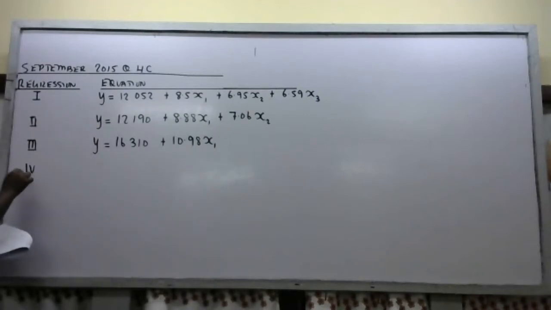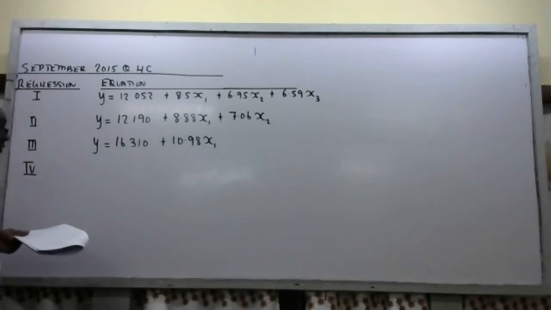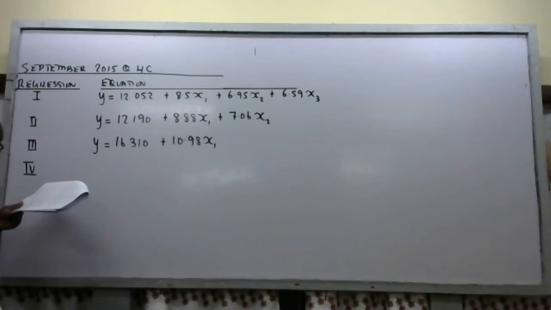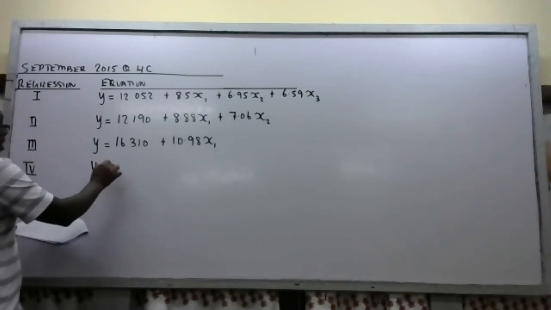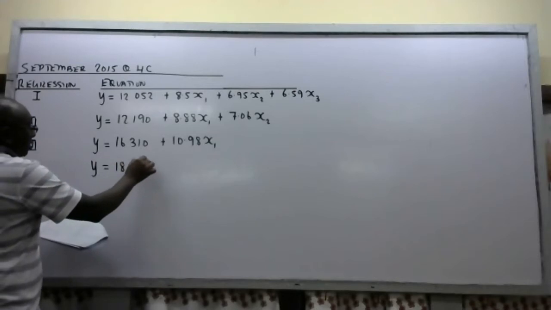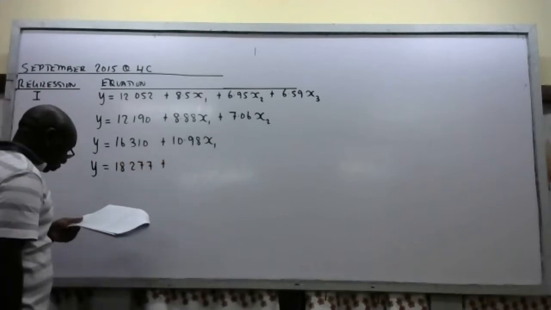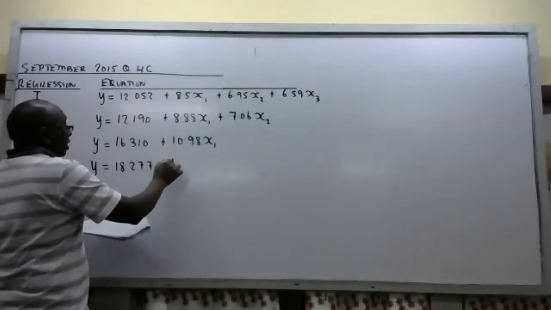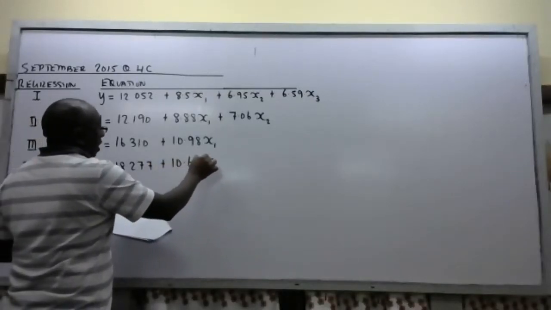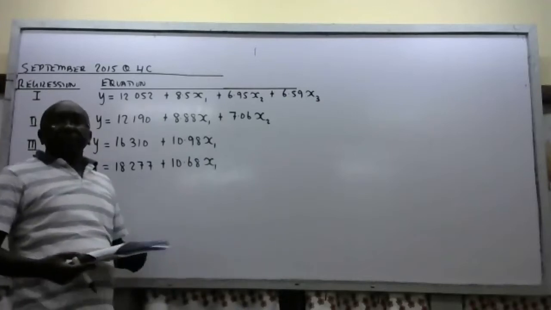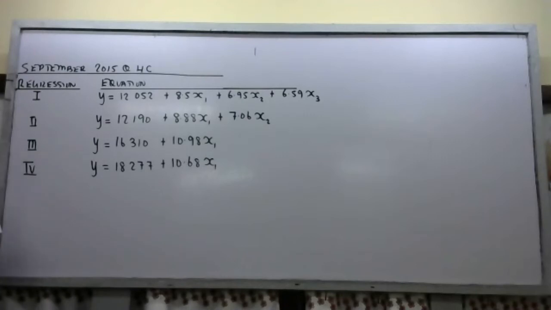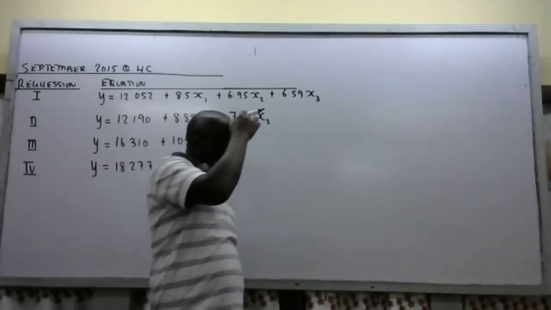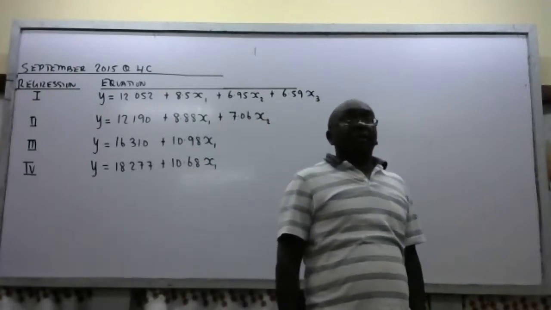And then equation number 4 is, the intercept is 18,277. So you add 10.68 x1. So if they had told you to write the equations, that is how they are written.